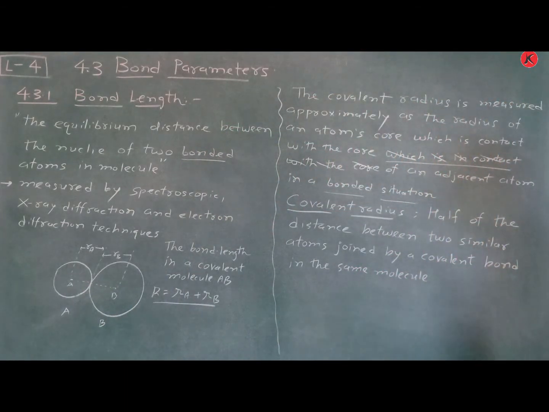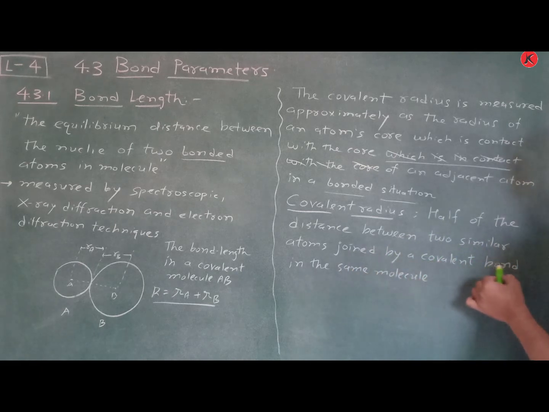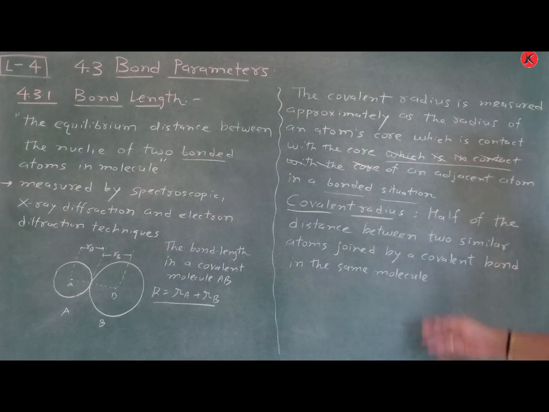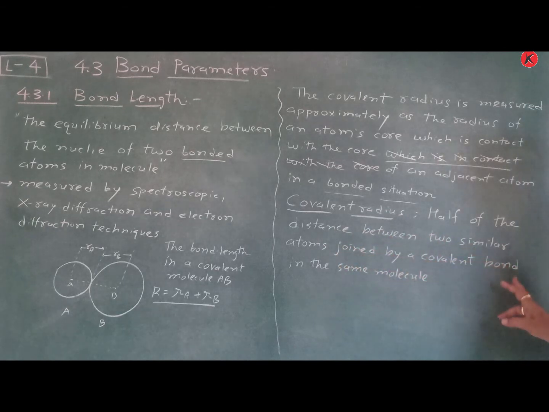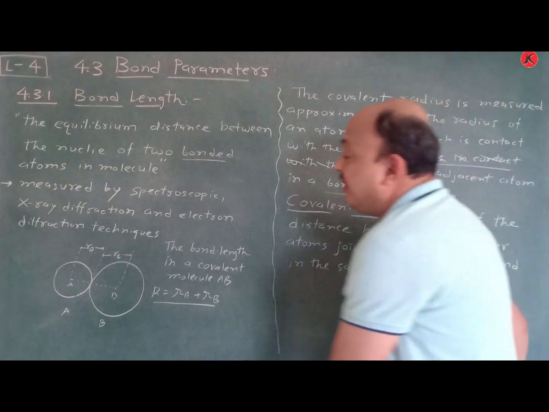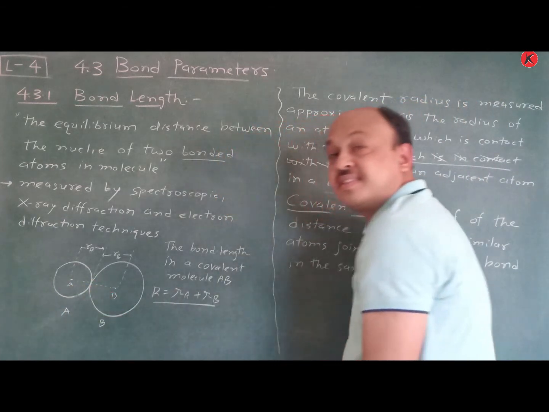But as per the definition, covalent radius is half of the distance between two similar atoms joined by a covalent bond in the same molecule. Once again, half of the distance between two similar atoms joined by a covalent bond in the same molecule is known as covalent radius. So we consider this distance and this distance; half of that distance.